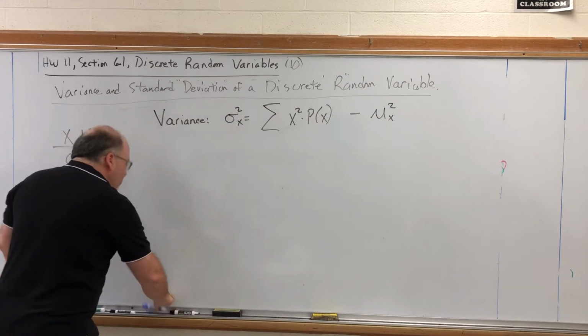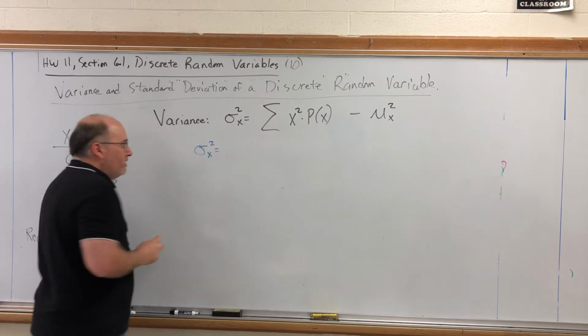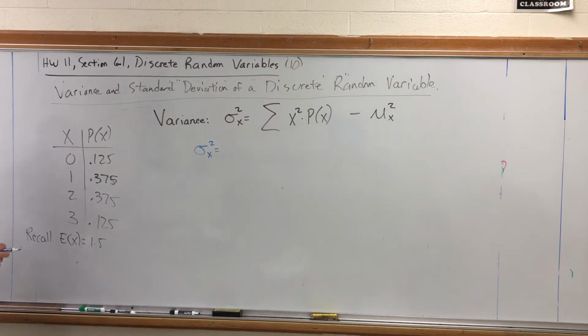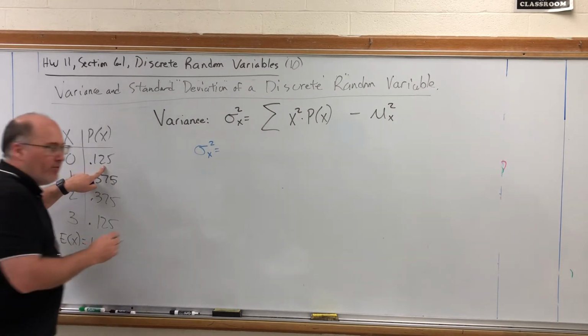So if we did that for this one, the setup would look like this. First, do the sum. Square each x times its probability.